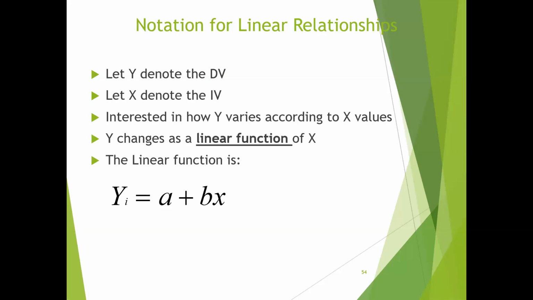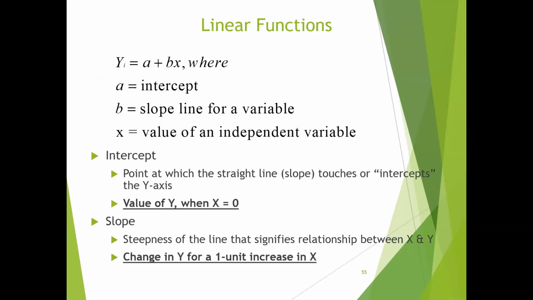Whenever you see Y equals a plus bX, what should pop into your head is that's the notation for linear regression. And here is what we mean by these linear functions. Y equals a plus bX. Next slide, please. Slide number 55.